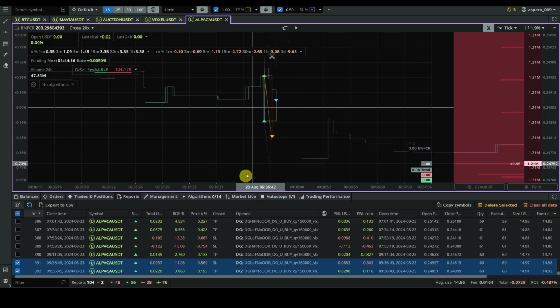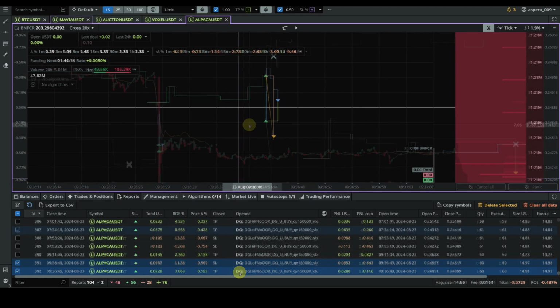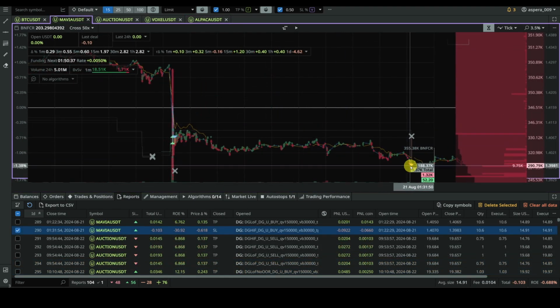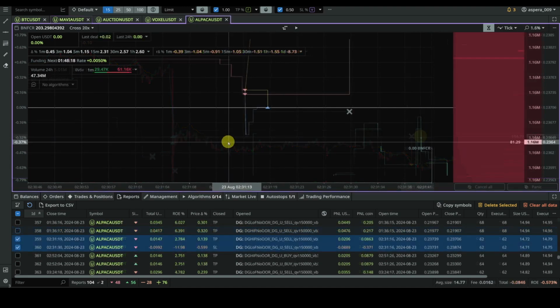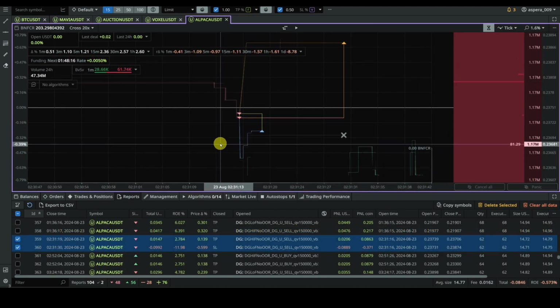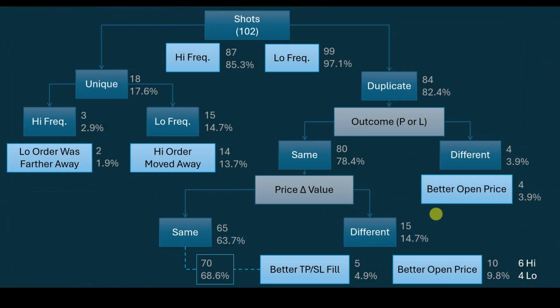And sometimes a very minor gap in the open price made all the difference between taking a profit or taking a loss. Overall, out of the 4, the high algo was better 3 times and the low algo 1 time. We can join these groups together and say that the high algo had a better opening in 9 cases and the low algo in 5.